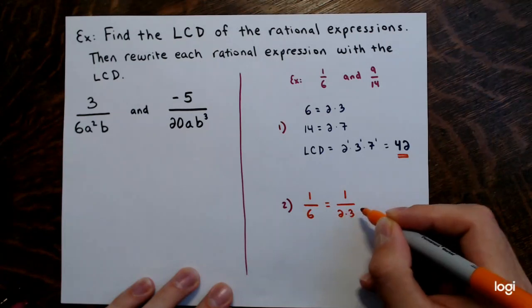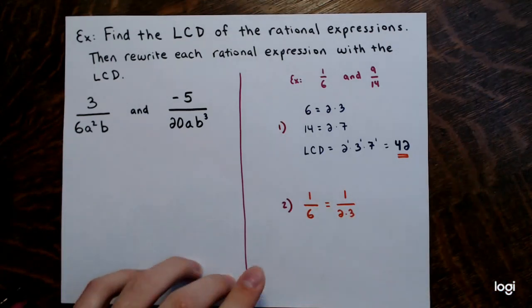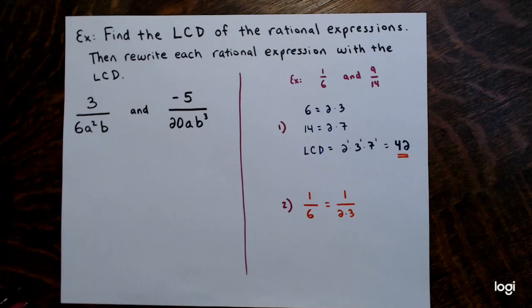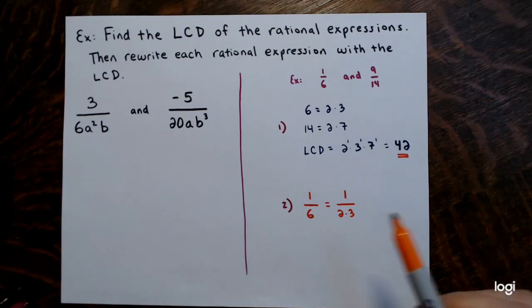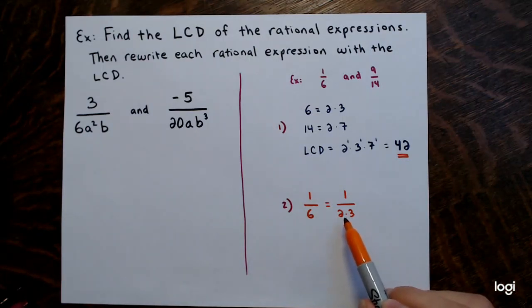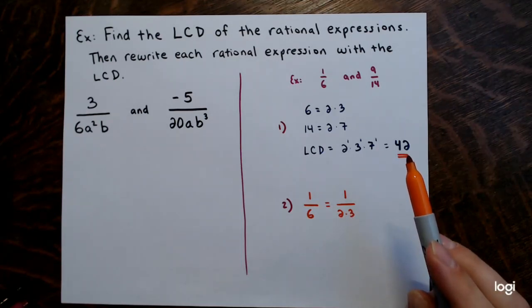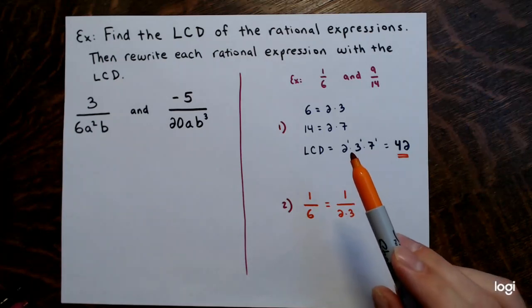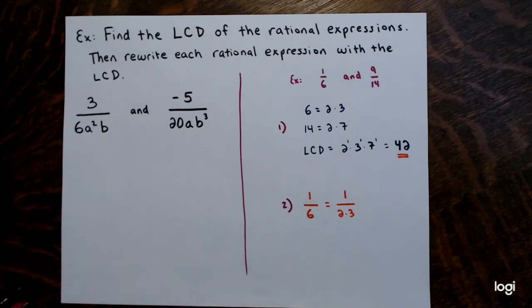If you want to write your denominators out in factored form, it might make it easier. You can leave it as 6, but I feel like writing it factored makes things easier, because we're trying to change this denominator into the LCD of 42. Look at the factorization of the LCD. It's just 2 times 3 times 7. So what's missing? What's missing is a 7.